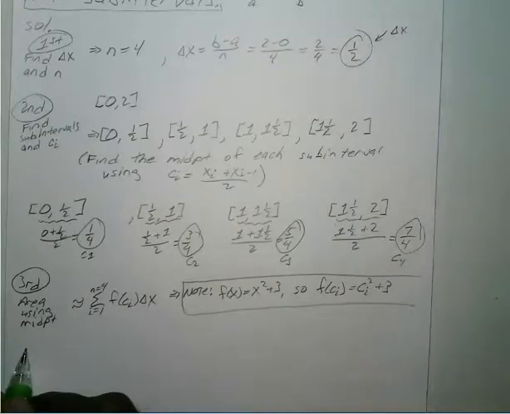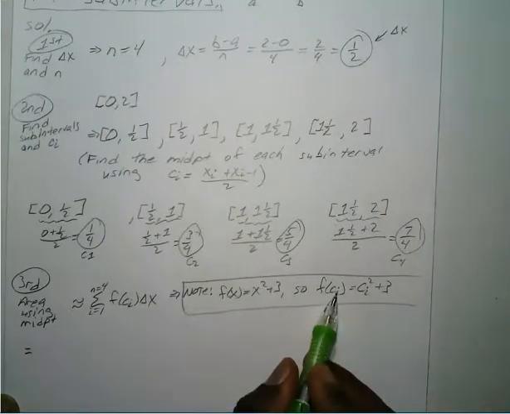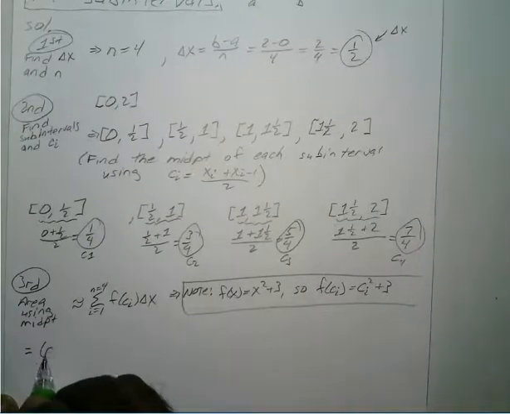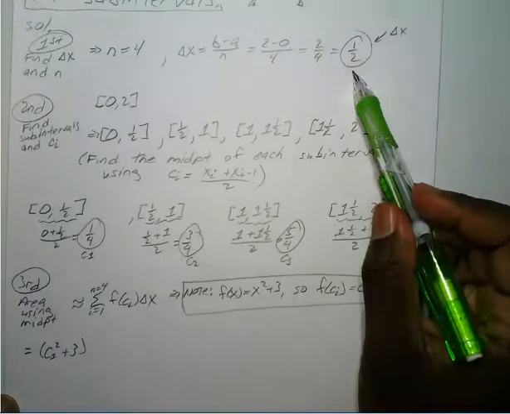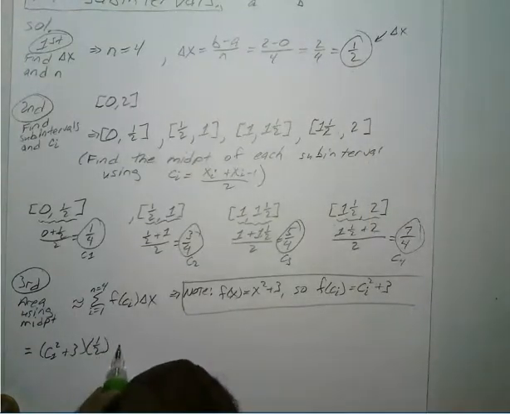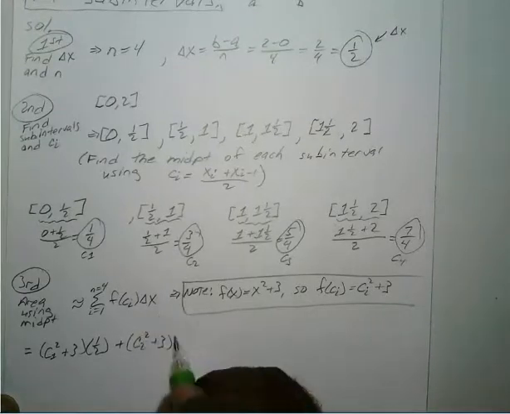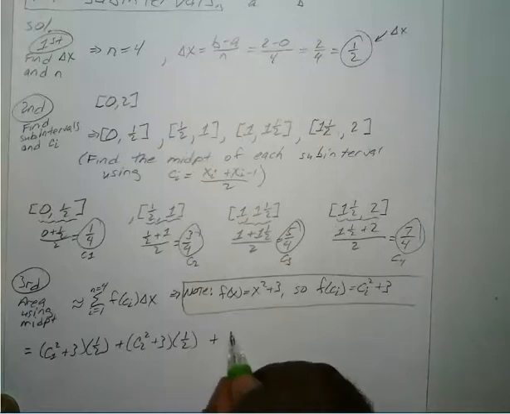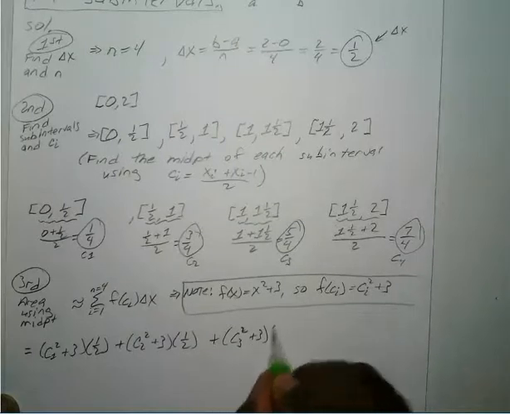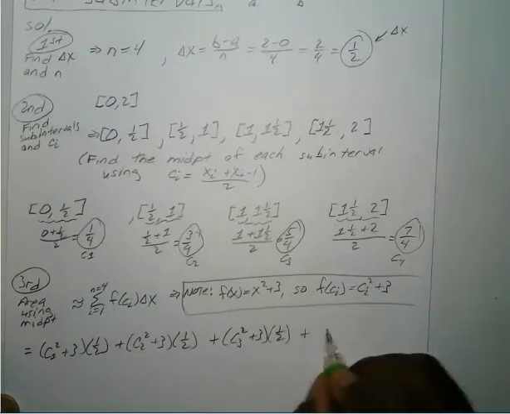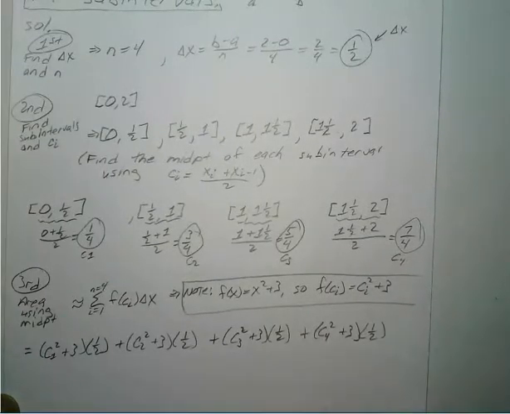So f of c sub 1 is just c sub 1 squared plus 3 times delta x, which is times 1/2, plus c sub 2 squared plus 3 times delta x, which is 1/2, plus c sub 3 squared plus 3 times delta x, which is 1/2, plus c sub 4 squared plus 3 times 1/2.